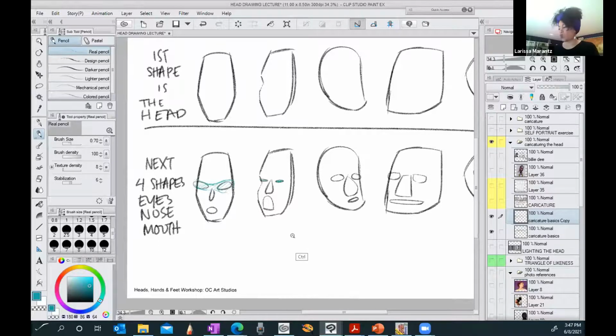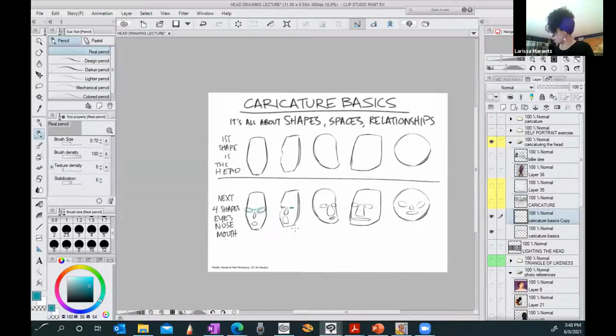When you're doing a caricature, you're looking at a person's features, the eyes, the nose, and mouth, not as individual features, but as actual two-dimensional flat shapes and what they look like.